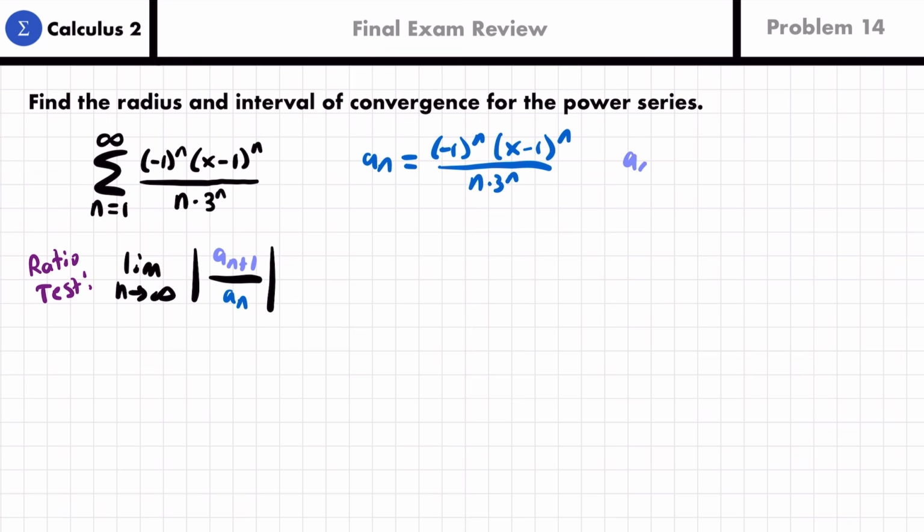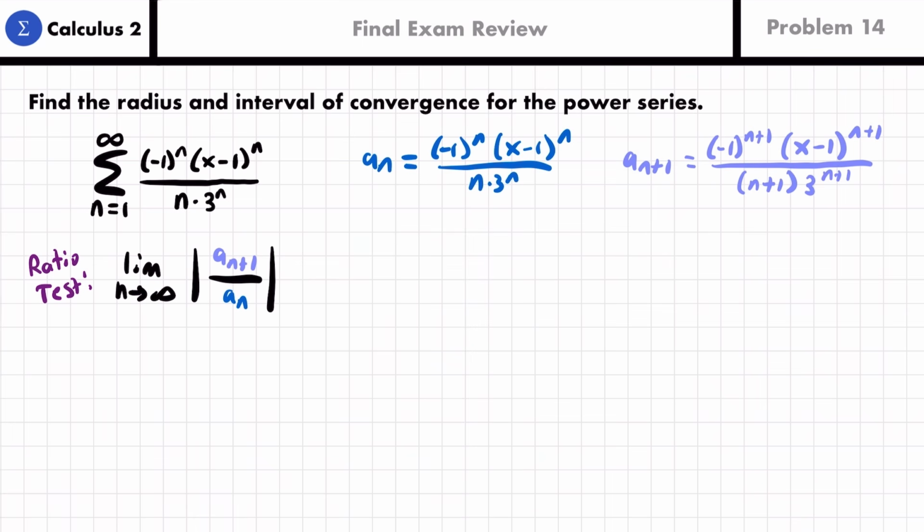But then for a sub n plus 1, what we'll have is this same expression, but where all of the n's become n plus 1. So we have negative 1 to the power of n plus 1, then x minus 1 to the power of n plus 1, and then that is going to be divided by the quantity n plus 1 multiplied by 3 to the power of n plus 1.